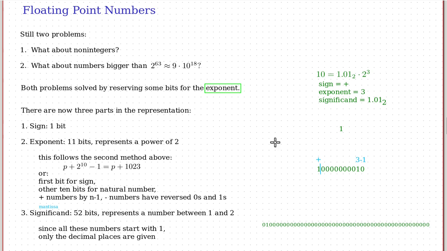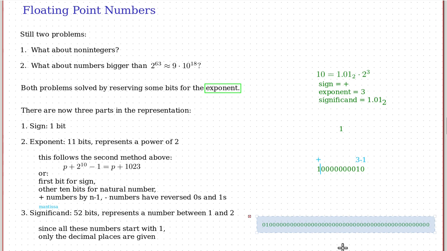Now, here's the thing. All of these numbers will always begin with a 1 point something. So we don't need to write the 1 point. We can omit that because it's always present. So what we do instead is we just write the decimal part, with the understanding that we are supposed to prepend a 1 point to these digits.